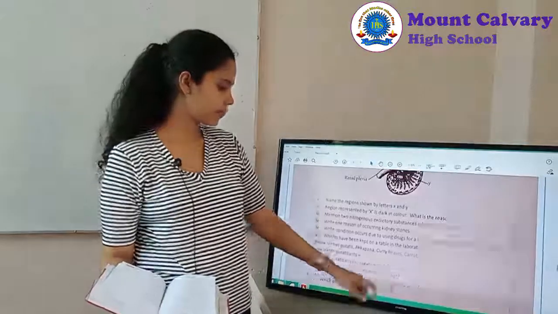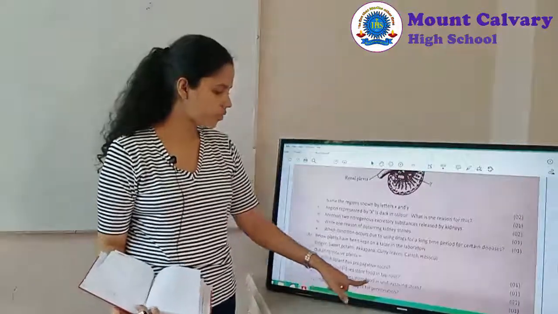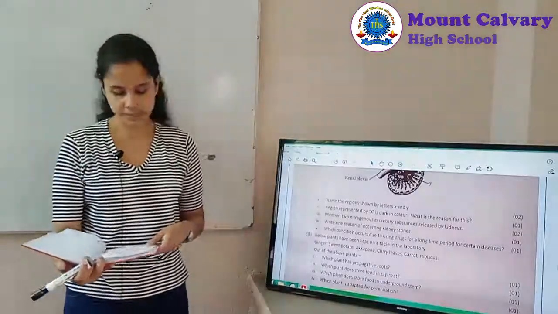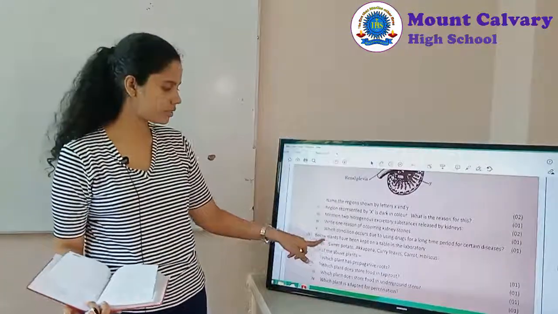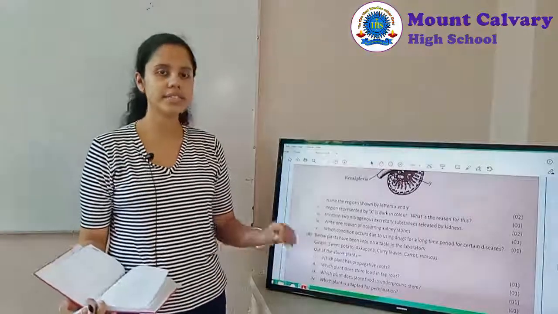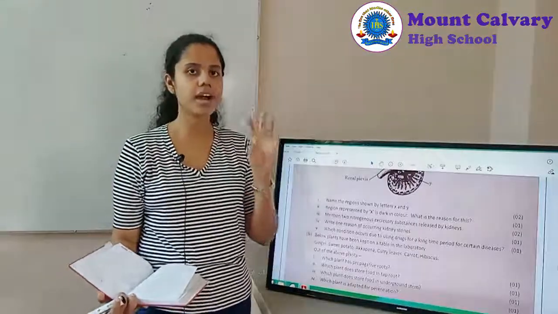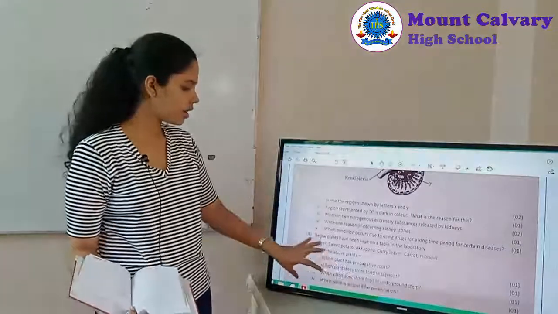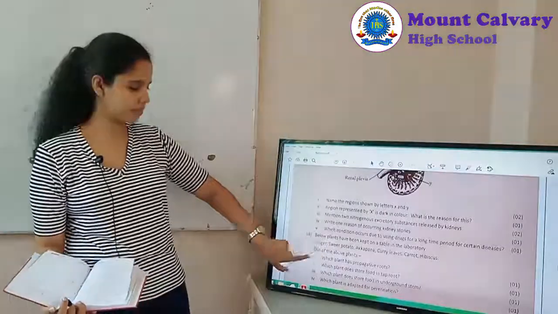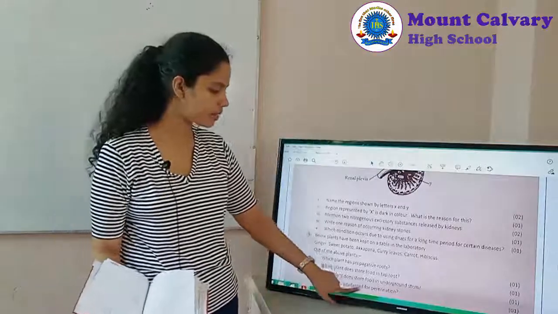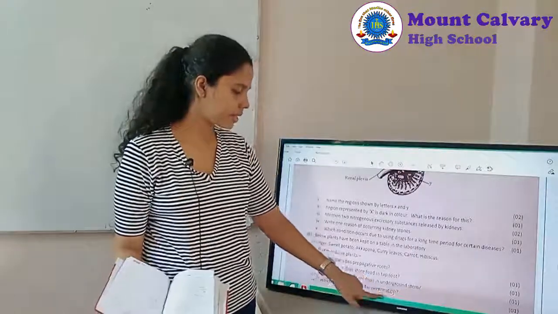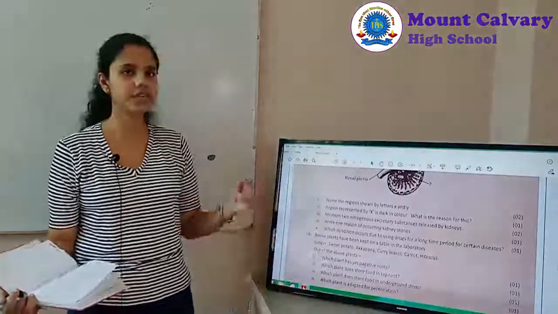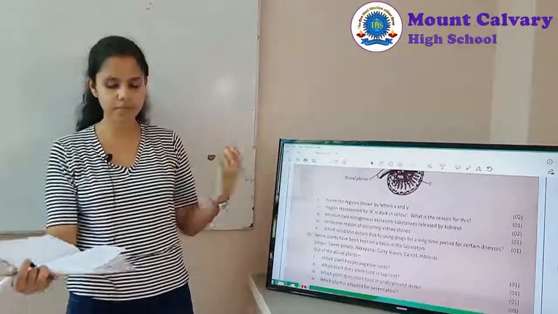Then which plant does store food in an underground stem? It's ginger. Now ginger is a stem, right? It's an underground stem. Then which plant is adapted for perennation? Perennation means survival of the plant during a dry season or wet season.